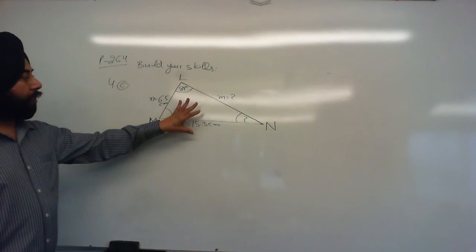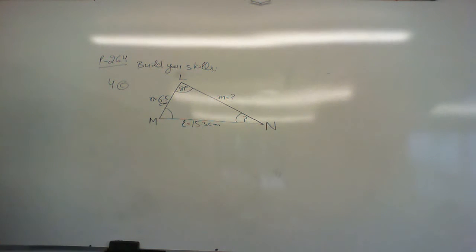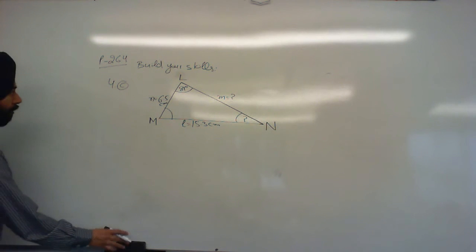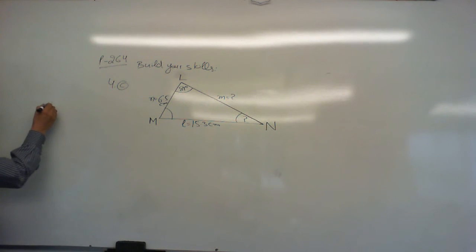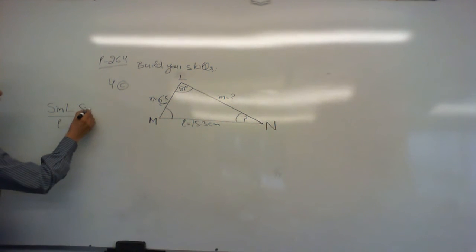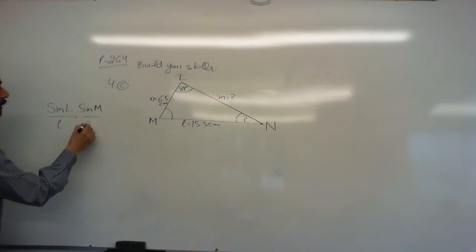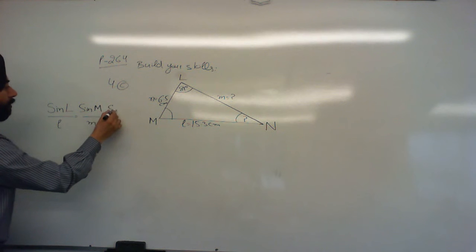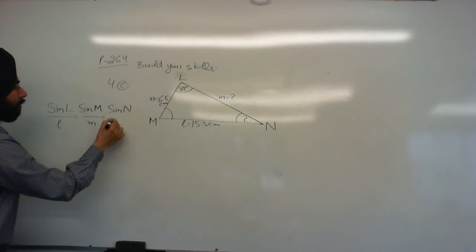Okay, how will you write the sine law for this particular triangle? You will write it this way. Instead of using A and B, because we now have L, M and N, you will use this: sine L divided by l is equal to sine M divided by m is equal to sine N divided by n.